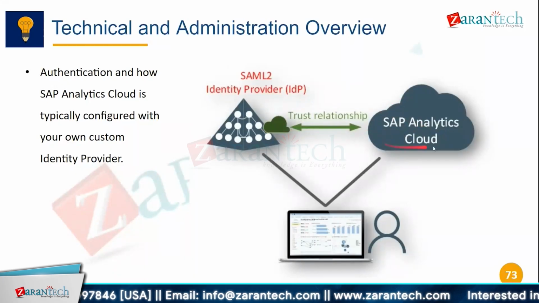So whenever a user is created here, it will go and check whether the user is already there. Only if it is available will it create the user, and through that they will be able to log in. The same applies here. Whenever a user is created, it will automatically be created for SAC. Whenever you onboard a new employee, you create a new user ID for him in the SAML identity provider.